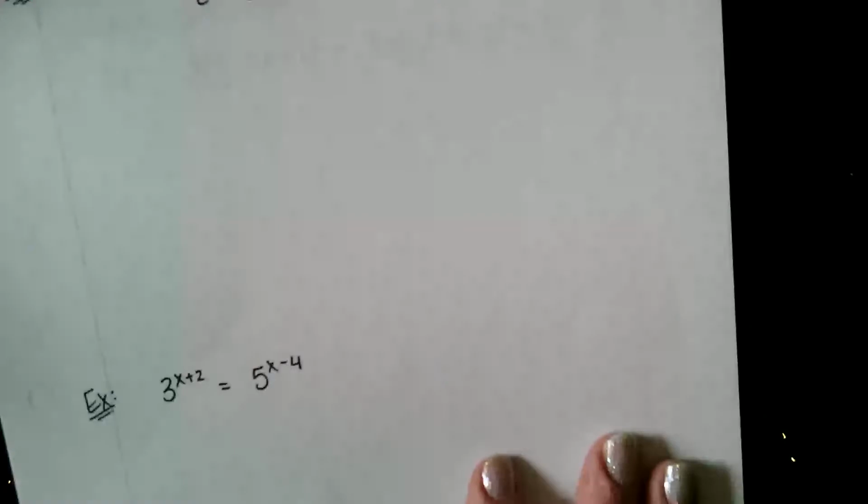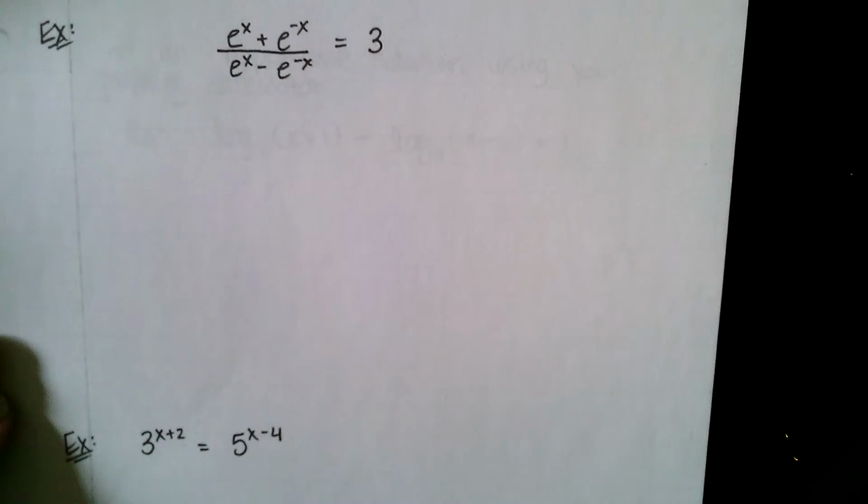Okay. Let's see what's up next. This one looks complicated. So I'm going to tell you a strategy to start out with that's going to help us uncomplicate this problem a little bit so it'll be easier to deal with.